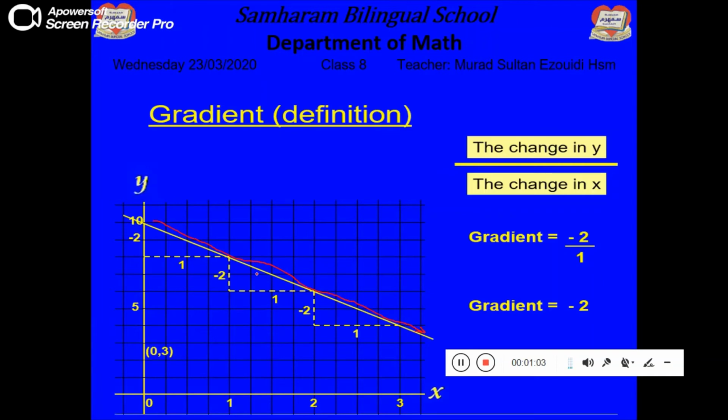If I start with this point, how many units should I go down? 2 units. And how many to the right? Only 1 unit. So the gradient is the change in y divided by the change in x, meaning negative 2 divided by 1 is negative 2.